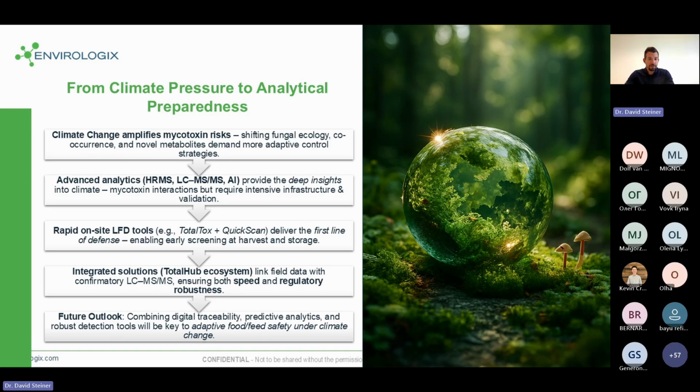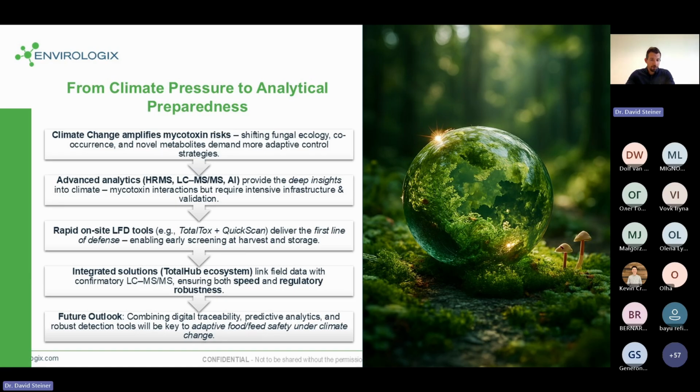Coupled with robust validation frameworks, these approaches ensure reliable results even in highly variable matrices like complex feed. Integration is critical. Platforms like TotalHub connect field data with lab confirmation and centralized analytics, enabling early warning, adaptive interventions, and informed supply chain decisions.